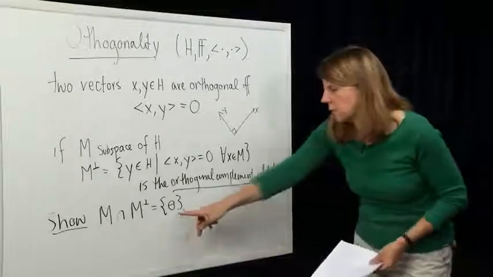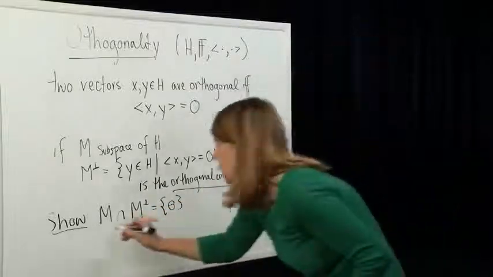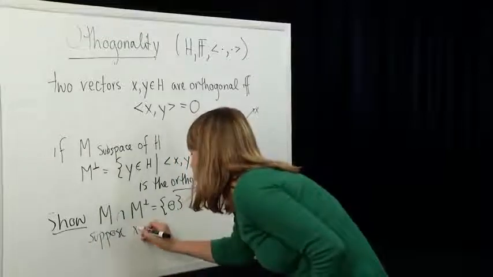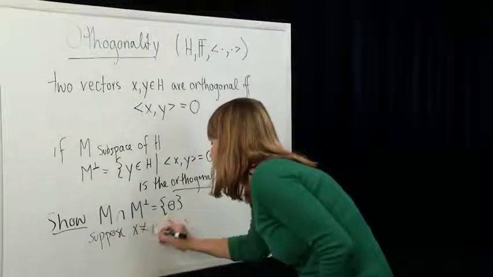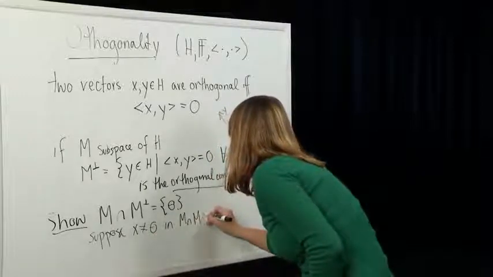Suppose that we had a vector x in that intersection which is not equal to 0. So suppose I have a vector x, and let's make x not equal to 0, in M intersect M perp.